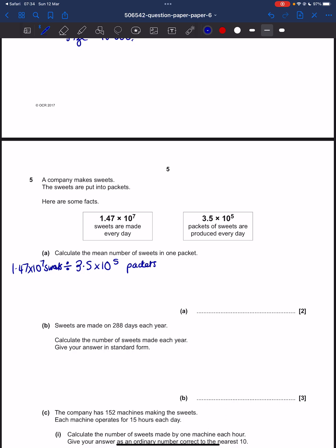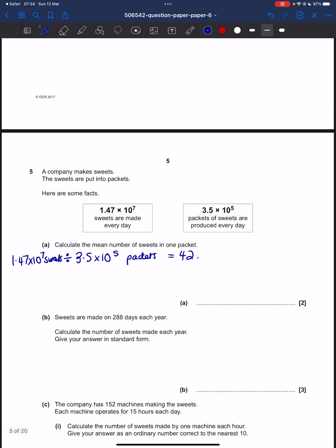I'm going to put that into my calculator. 1.47, I'm using the times 10 to the power x button. So then I'm putting a 7 next to that 10. And then divided by 3 and then I'm going to do open bracket 3.5 times 10 to the power 5. And that's going to be 42. So it's 42 sweets in one packet.